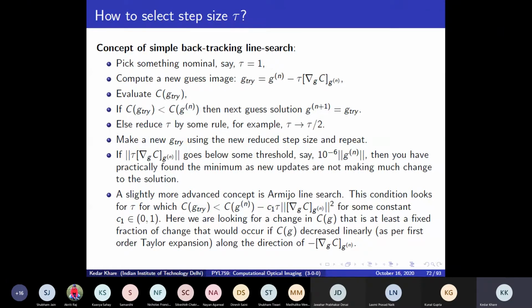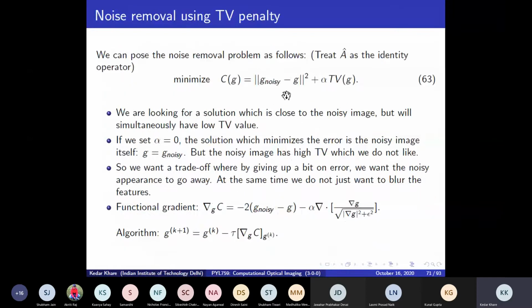So G try is G n minus tau times the gradient evaluated at G n. And at this new image G try, I'm going to evaluate the cost function again. So for this G try, I will again evaluate equation 63: G noisy minus G squared plus alpha TV of G.